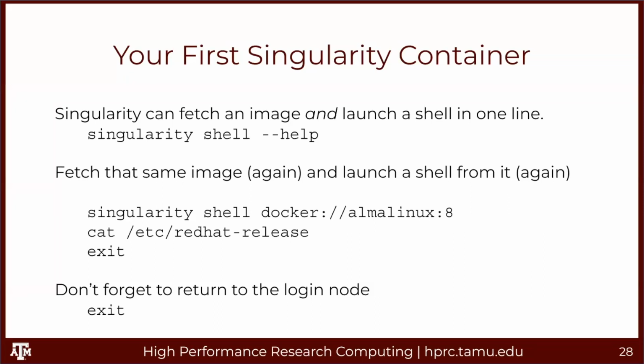The syntax is a little different. Instead of ch run and then specifying bash for your shell, here we're going to do singularity shell, but we're not going to specify which shell, and Singularity will figure it out. Unlike Charliecloud, Singularity does not have a default URL, so we will have to specify docker.